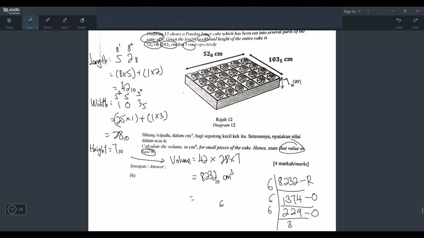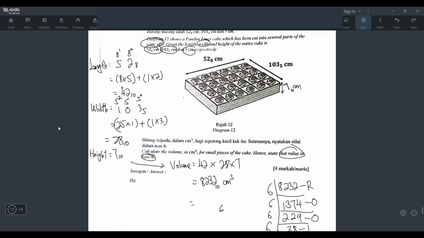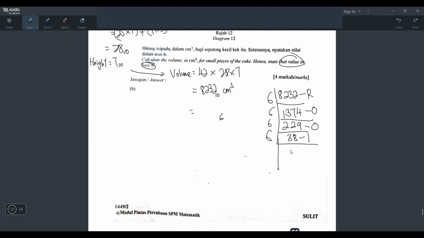So 6 times what? 6 times 8 is 48, but it's 49, so remainder 1. And then divide by 6 again. 7 cannot. 6, 36. Remainder 2. And then 6 times 1 is 6, remainder 0. And then 6 times 0, 1. So the answer is 102100.